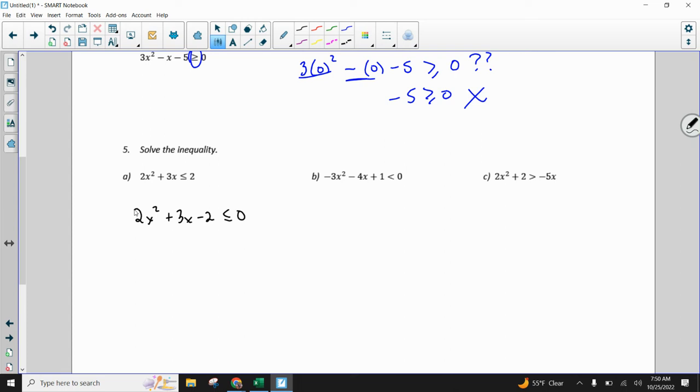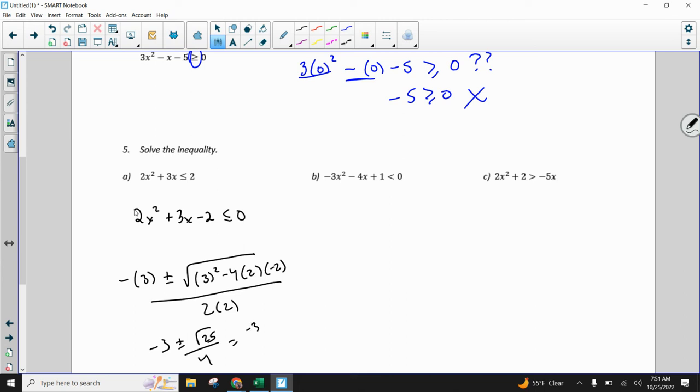Then what I'm going to do is probably the quadratic formula, so negative b plus or minus the square root of b squared minus 4ac, all over 2a. So I get negative 3 plus or minus, let's see, simplify the discriminant, 25 over 4, which is negative 3 plus or minus 5 over 4, which means our two critical numbers need to be x equals negative 2 and 1/2.